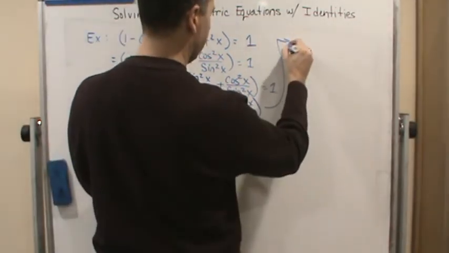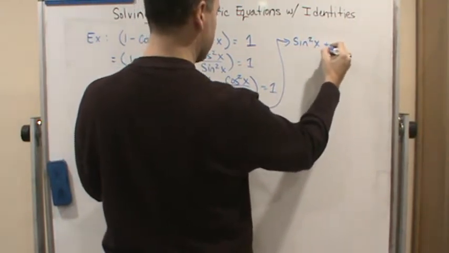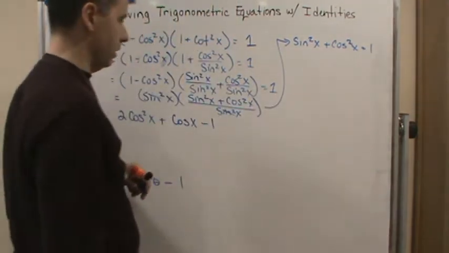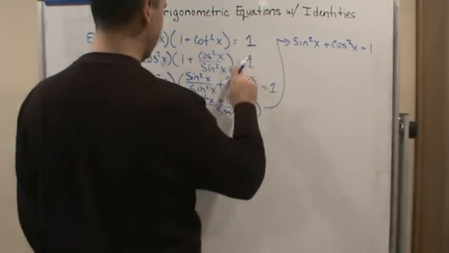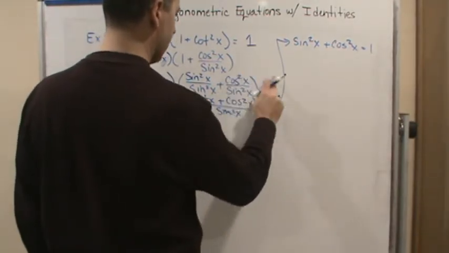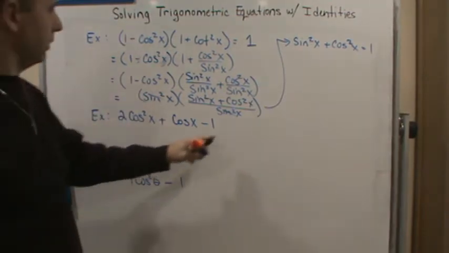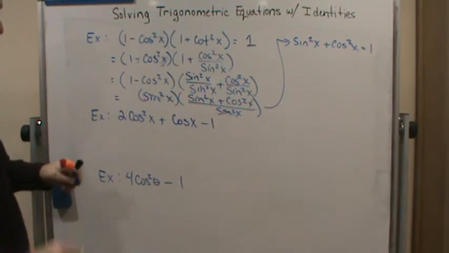I get sine squared x plus cosine squared x, which equals 1, right? So even if I take this off, you can see that I get the chain of equals, and I get the result.